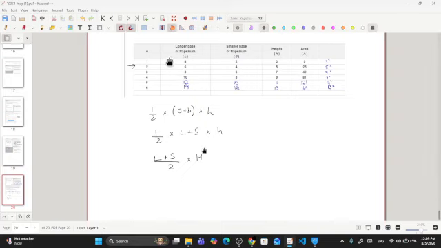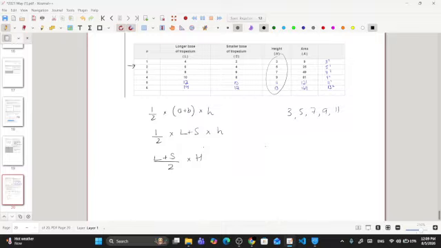So, focusing on the values of h, in the first case we have 3, then we have 5, then we have 7, then we have 9, so on and so forth.